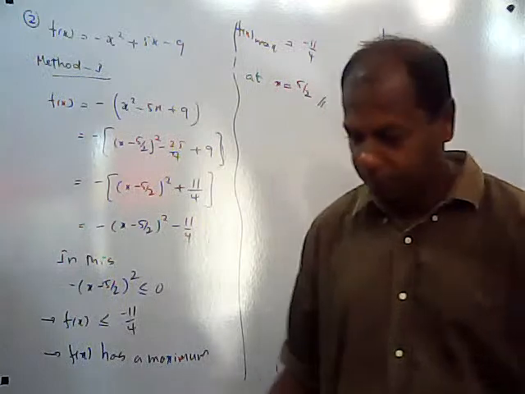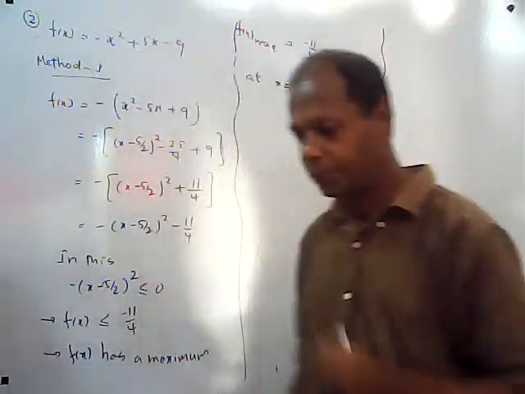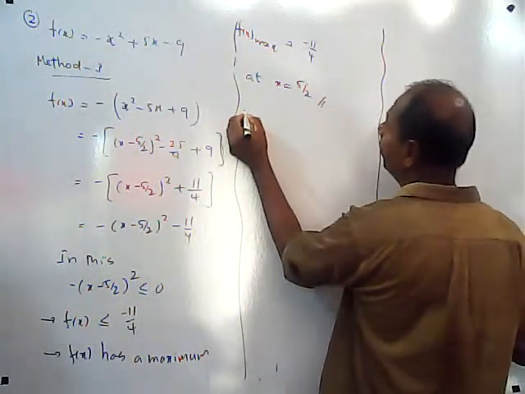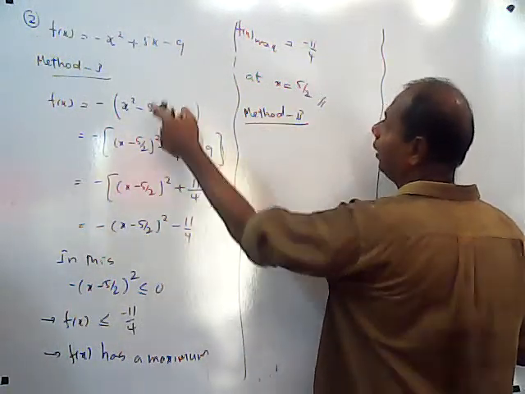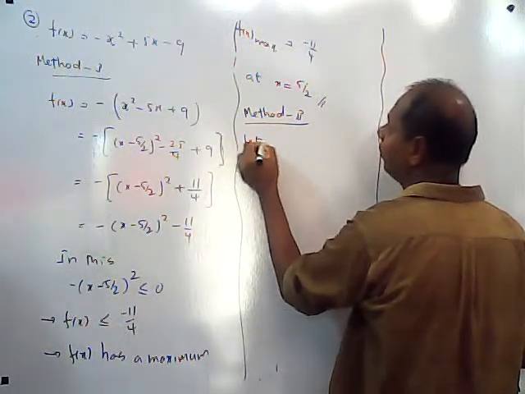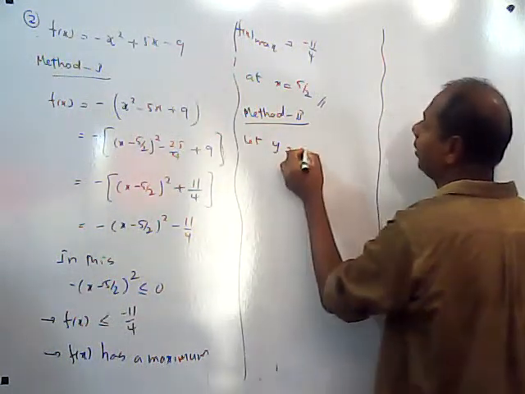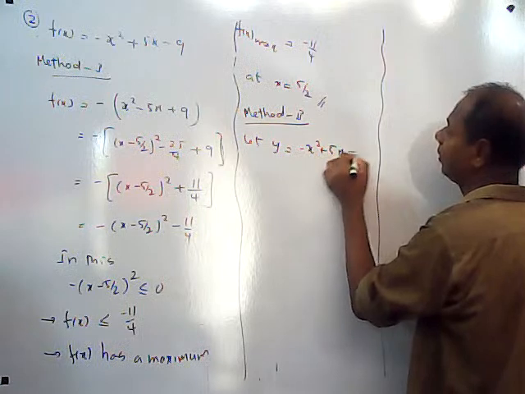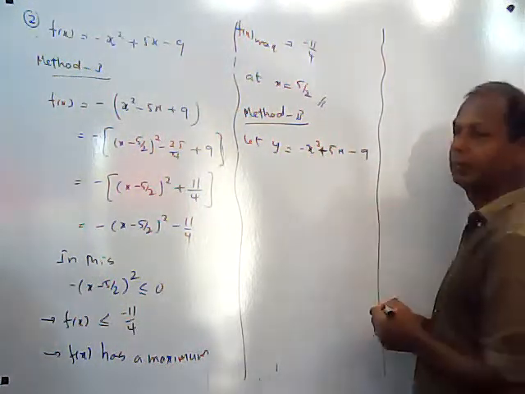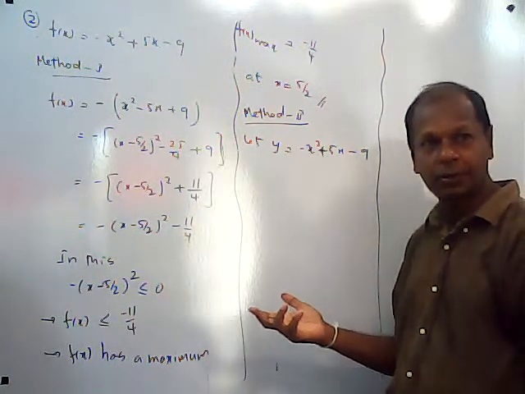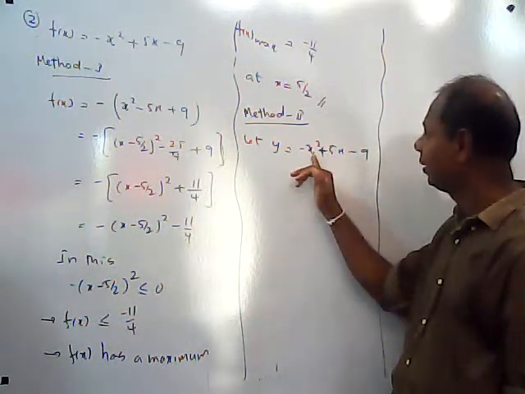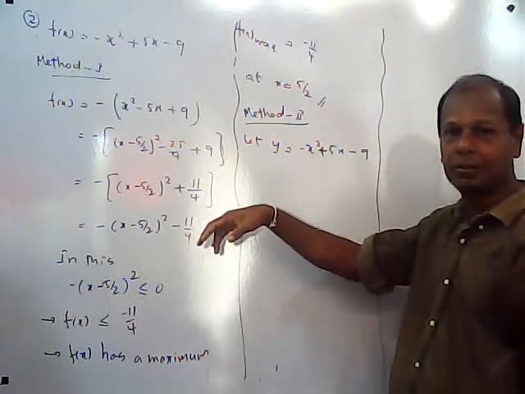Then go to method 2. Method 2. We can say y is equal to this: minus x squared plus 5x minus 9. Now I want to make it a quadratic equation. The best thing is to take all the terms to the other side.